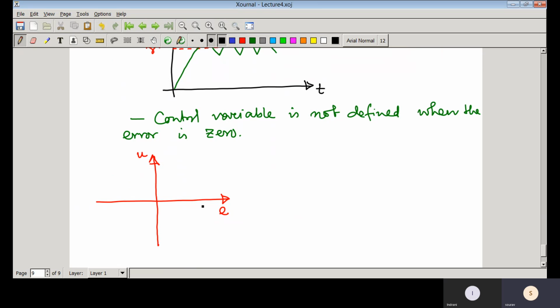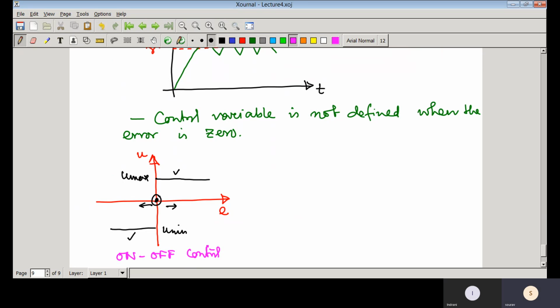Whenever the error is positive, you have some value, that is u max, and whenever the error is negative, then you have u min. So when the error is negative, the control input equal to u min, and when the error is positive, the control input equal to u max. But you do not know at this particular point, when the error equal to 0, what value you have to take. So this is actually the on-off control strategy.